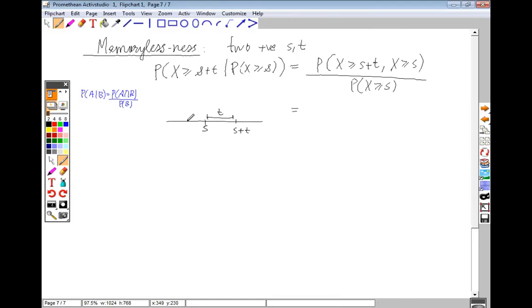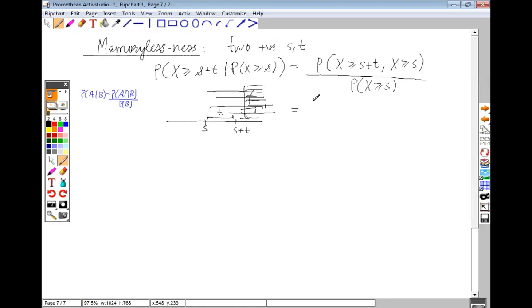So again, if I'm already saying that this has to happen and this has to happen, I know that if my X is greater than or equal to S plus T, for a fact, this will always be greater than S as well, right? So the intersection between these two events will be all the points here.